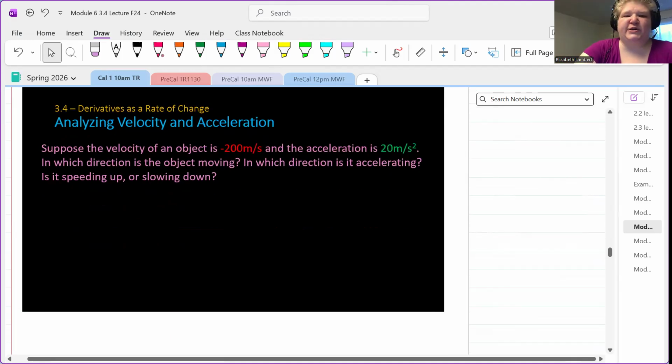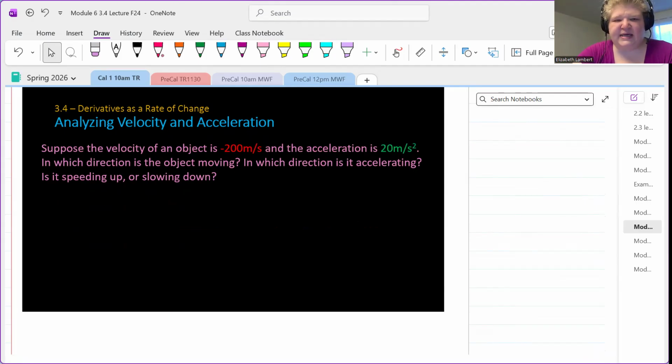Now, think about this weird situation. Suppose the velocity of an object is negative 20 meters per second, and the acceleration is 20 meters per second squared. So we have a direction being implied in both of these terms. The velocity is negative.